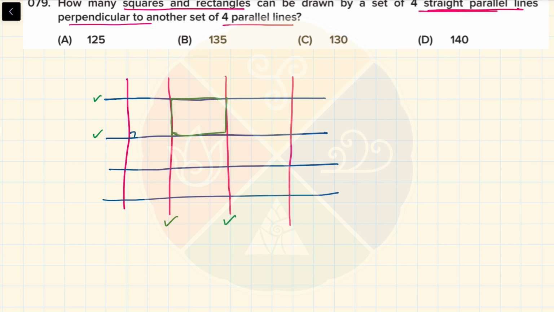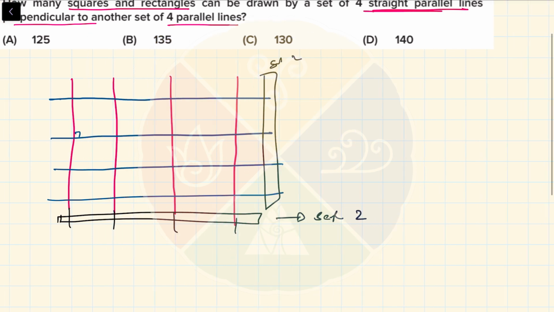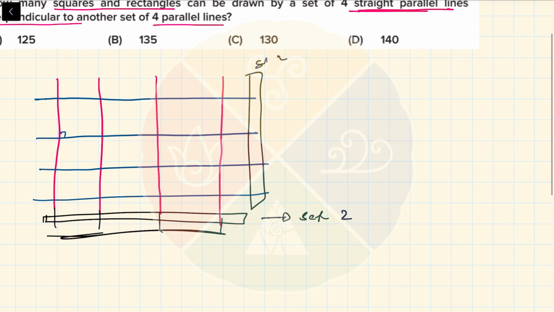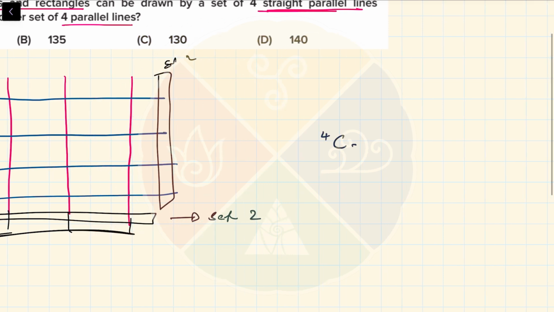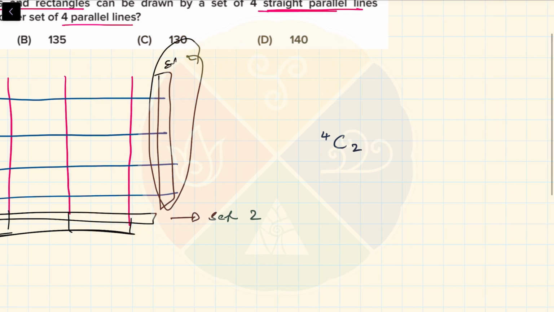Now basically, if you want to find the number of quadrilaterals and rectangles, all you have to do is select two lines out of these four lines. Select two from here, and also select two from here. Out of the four lines from here, if I'm selecting two, that is 4C2 possibilities. Similarly, out of this four, I can select another two, and you simply have to multiply them.